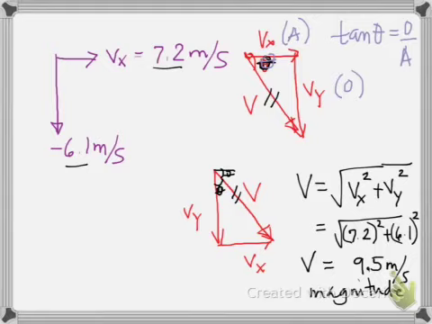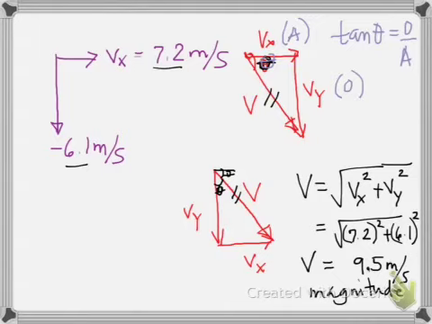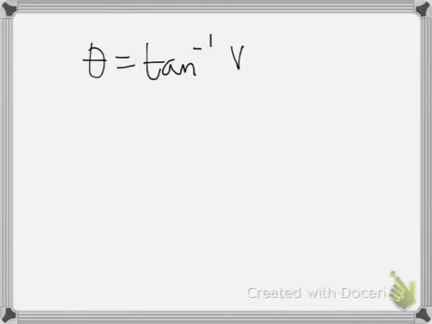So in order to manipulate this, theta must be the inverse tangent, or we call it arctangent, of the opposite side, which in this case is our Vy. So that's going to be our Vy over the adjacent, which is our Vx.